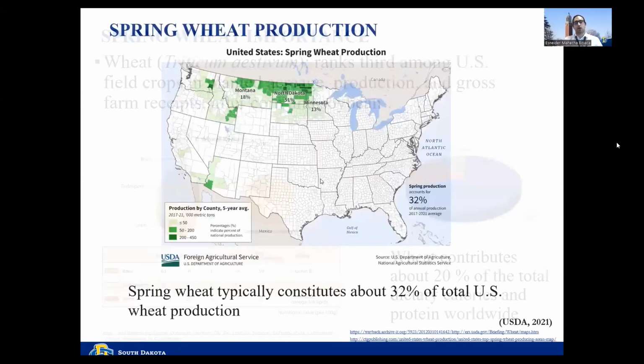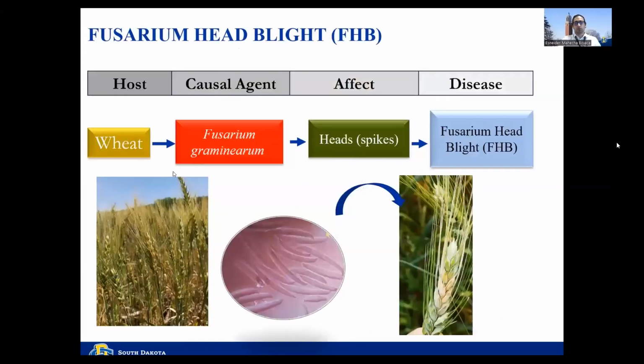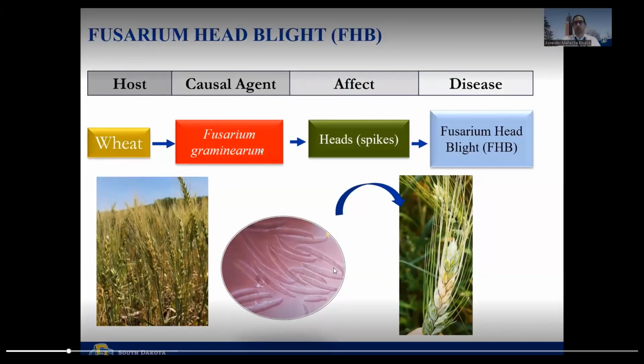The concentration of production of spring wheat is mostly in the northern United States, in the states of Montana, North Dakota, Minnesota, and South Dakota, of course. In this case, the host, wheat, Triticum, is affected by the causal agent, the pathogen Fusarium graminearum, which affects the heads and produces the disease Fusarium head blight.